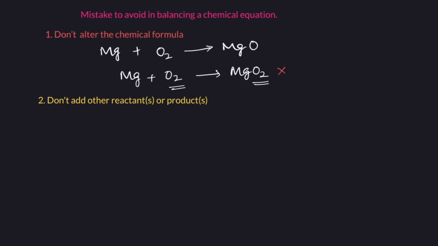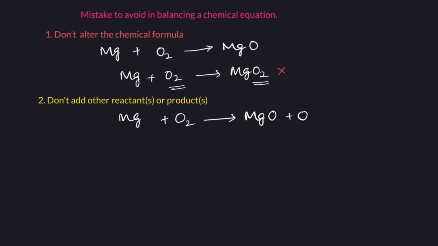The second point is, do not add other reactants or products to balance. Example, now we have magnesium plus oxygen gives rise to MgO. For balancing purpose, someone may add extra oxygen like this.